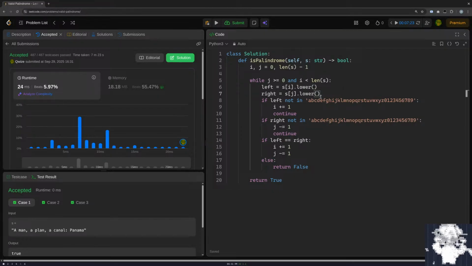Let's clean this up a little bit. One of the things that's bothering me is these continues and this else. Like this can be a little thing there.